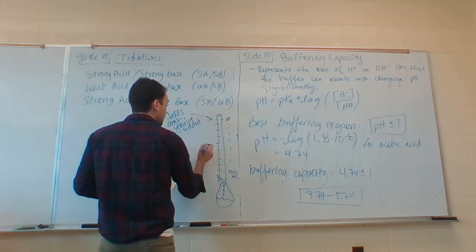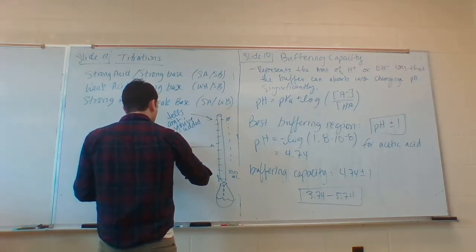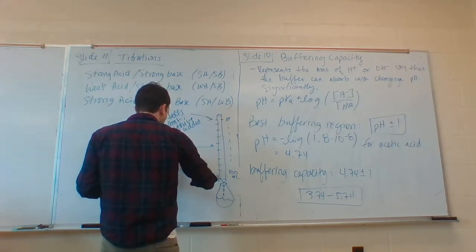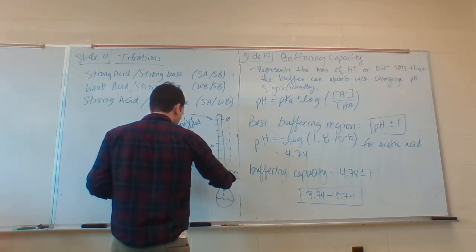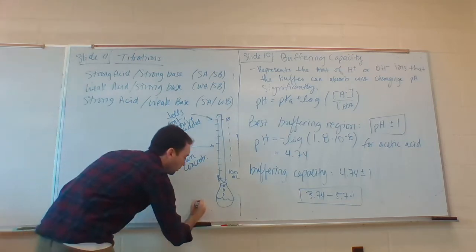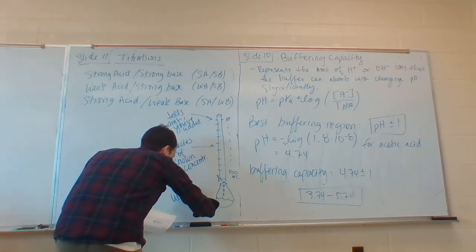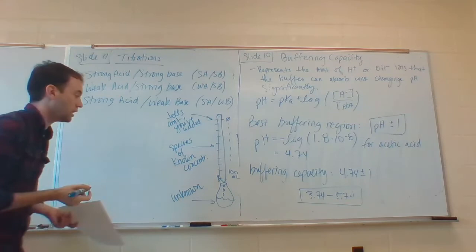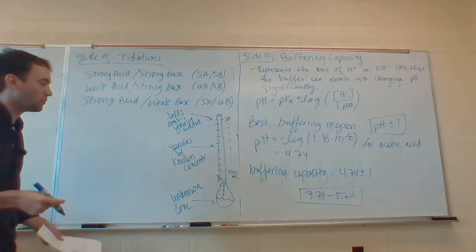So you always are going to put a species of a known concentration into your burette. The one that goes down here is going to have an unknown, whether that be your constant, and it should be an unknown concentration, okay, or pH or something like that.